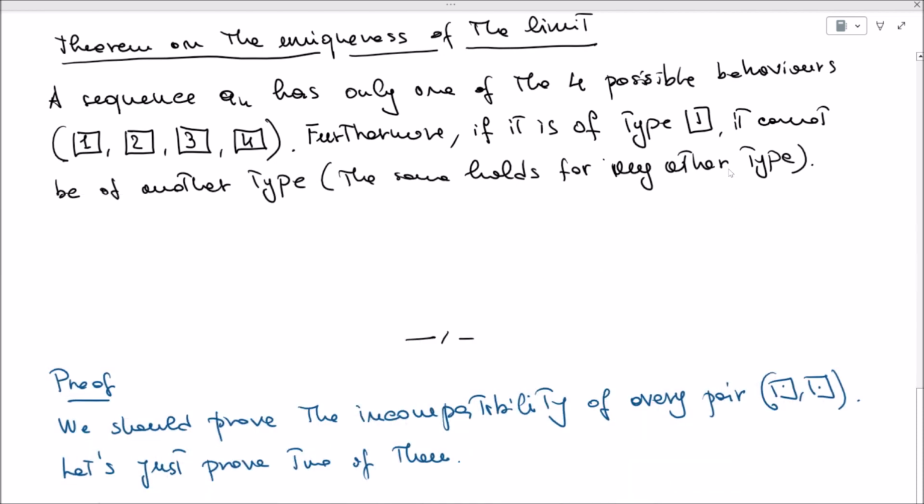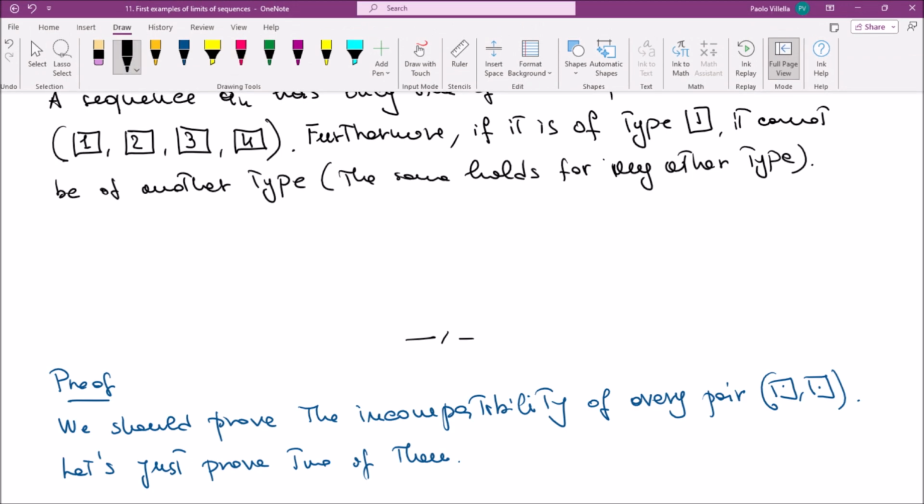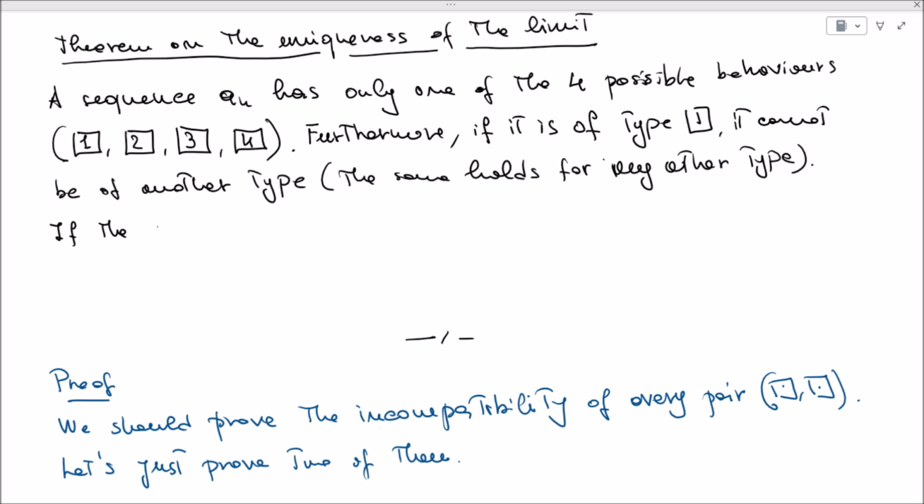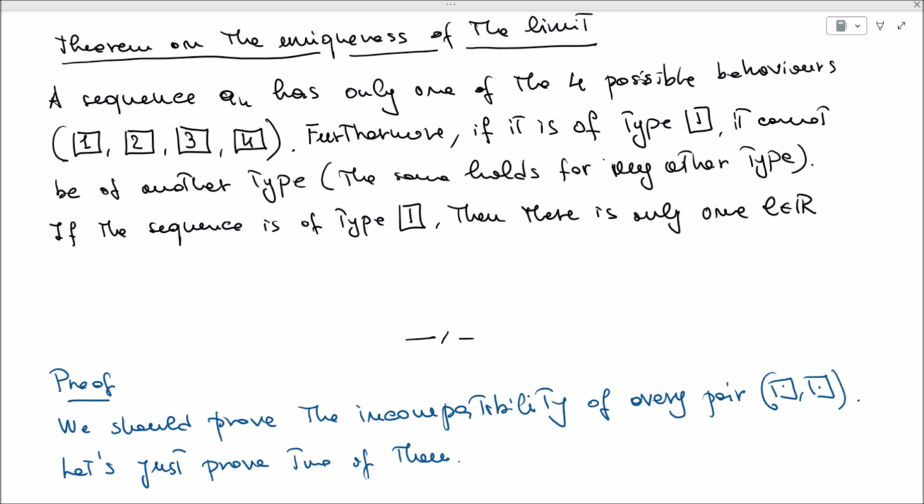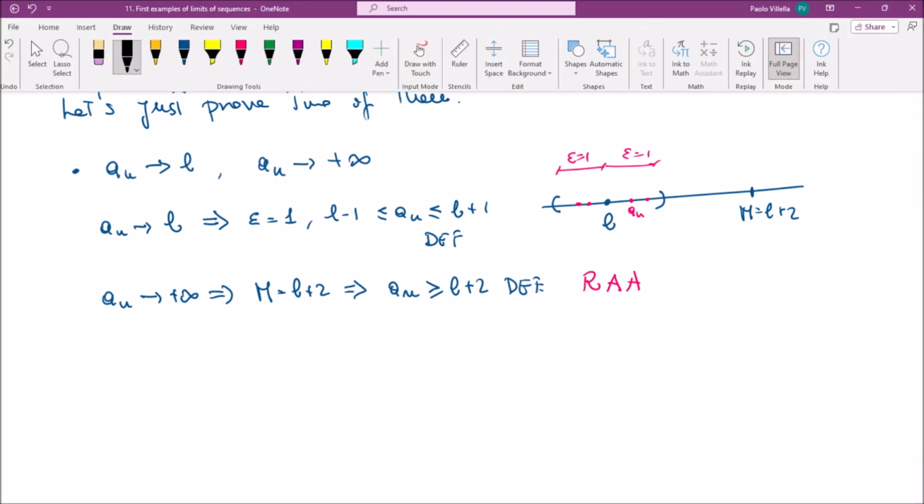The other part is that if the sequence is of type 1, so it is a convergent sequence to a real number, then there is only one real number L such that a_n tends to L. So what we're saying is that if the sequence is convergent to a real number, there can only be one real number, which is the limit of the sequence. So let's prove this second part of the theorem.